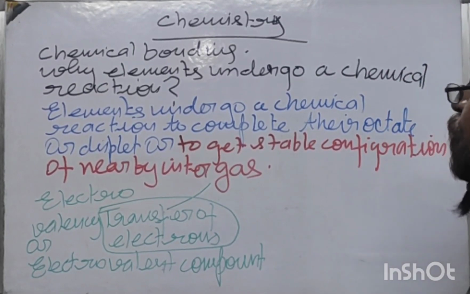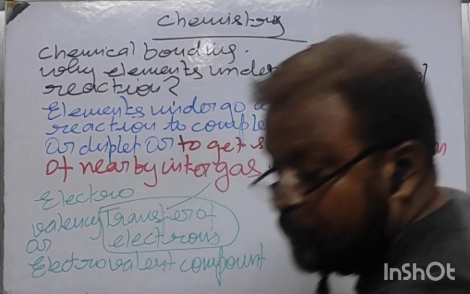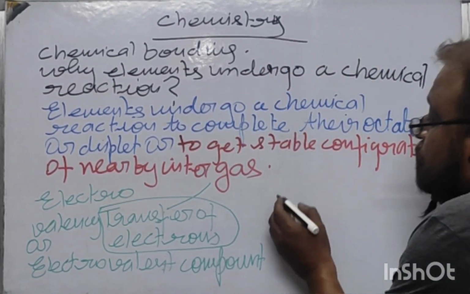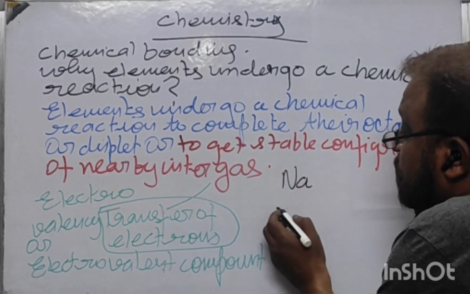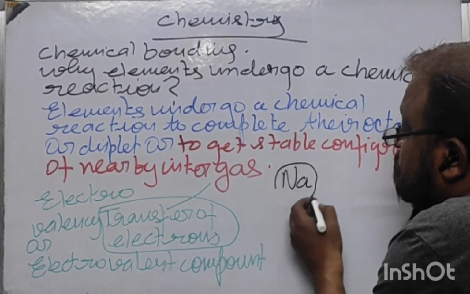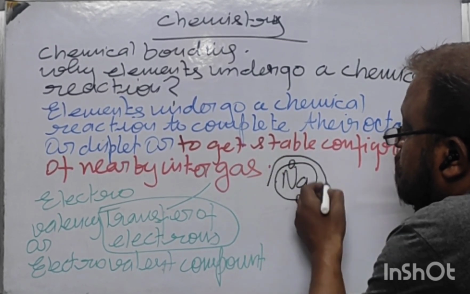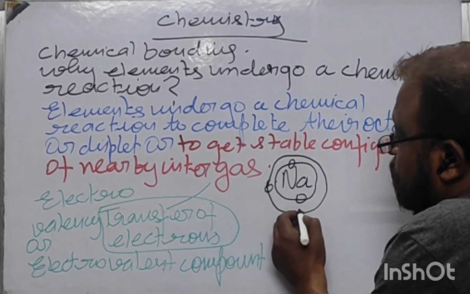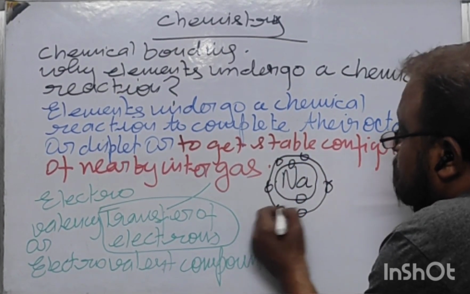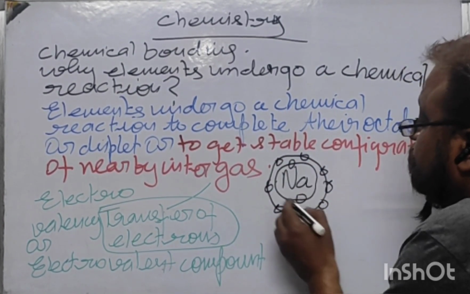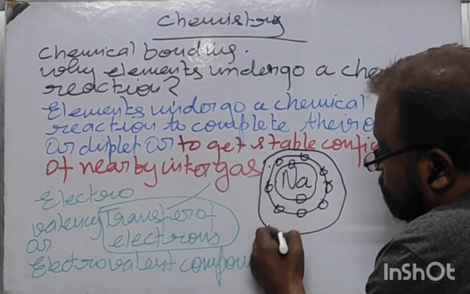Like if we talk about sodium. Sodium's electronic configuration: in its inner shell, two electrons; middle shell, eight electrons; and in the outermost shell, it has one electron, right?